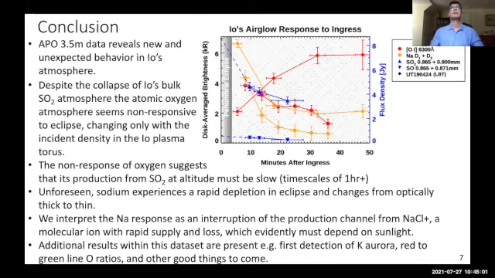In theory, that should make sputtering even easier based on the plasma torus. If the atmosphere is thinner, more stuff will get to the sputtering sodium on the surface, but that's not what we see. We see it still collapses.